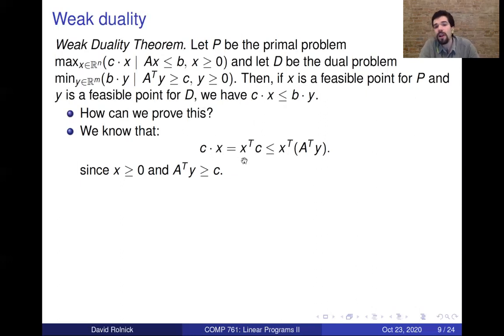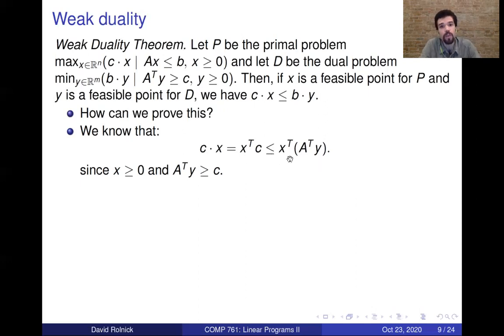Well, another way to write c dot x is x transpose c. The dot product of two vectors is the same as the transpose of one times the other. So c, we know, is less than or equal to a transpose y. And so we can write x transpose c is less than or equal to x transpose a transpose y. Now, why is that? Normally, we can't do this sort of inequality thing with dot products.